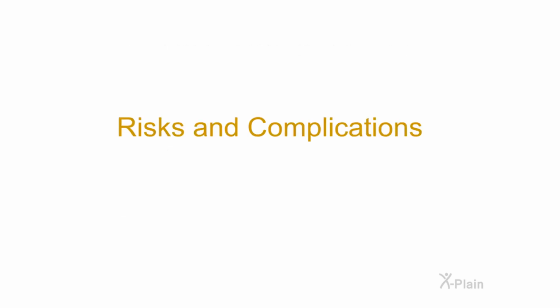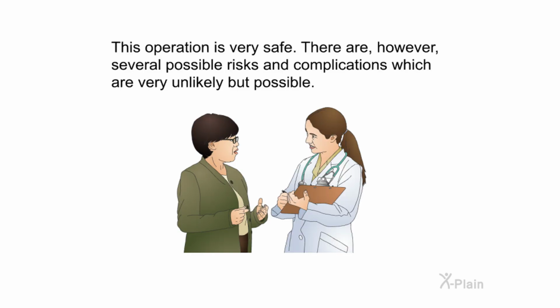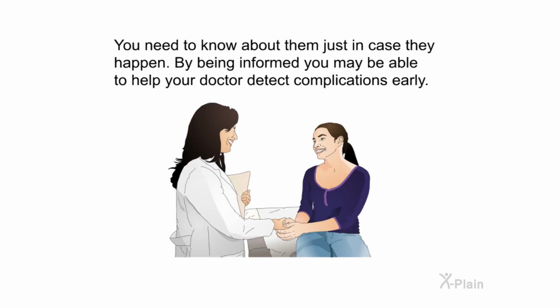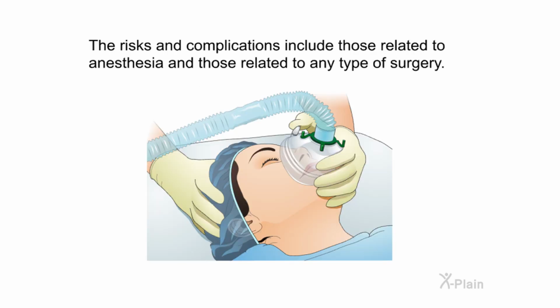Risks and complications. This operation is very safe. There are, however, several possible risks and complications which are very unlikely but possible. You need to know about them just in case they happen. By being informed, you may be able to help your doctor detect complications early. The risks and complications include those related to anesthesia and those related to any type of surgery.